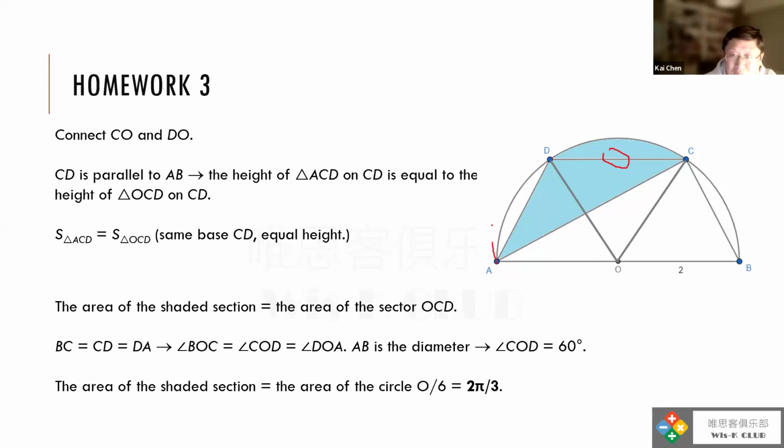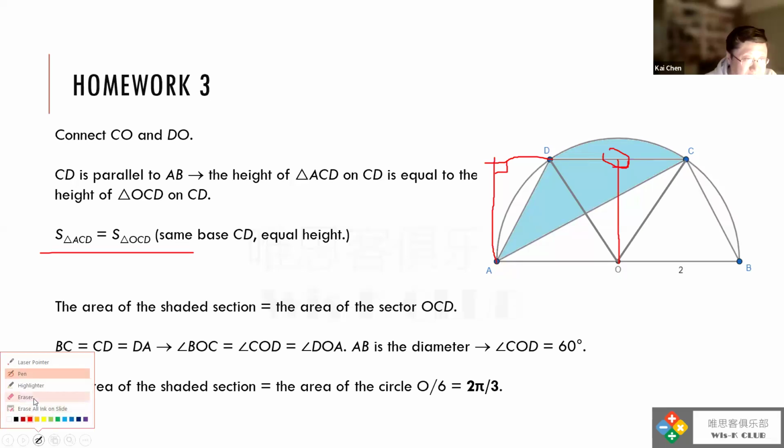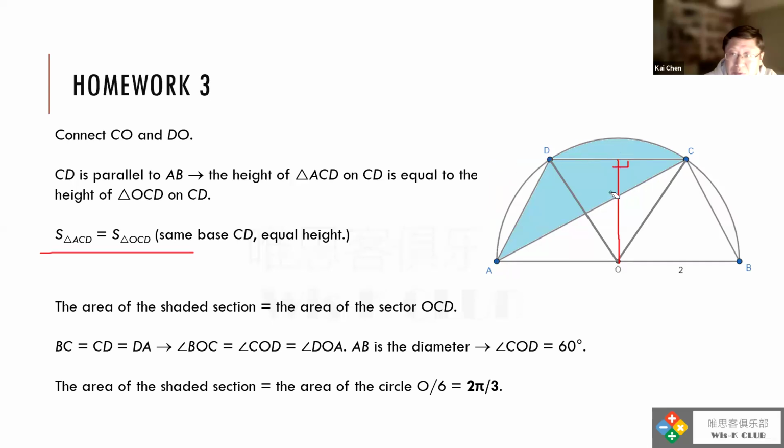And if we draw an altitude, a height over CD, that is the same height, the equal height, the same base. So the area of ACD is the same as the area of OCD. So we can convert the area of the blue shaded region to the sector OCD.